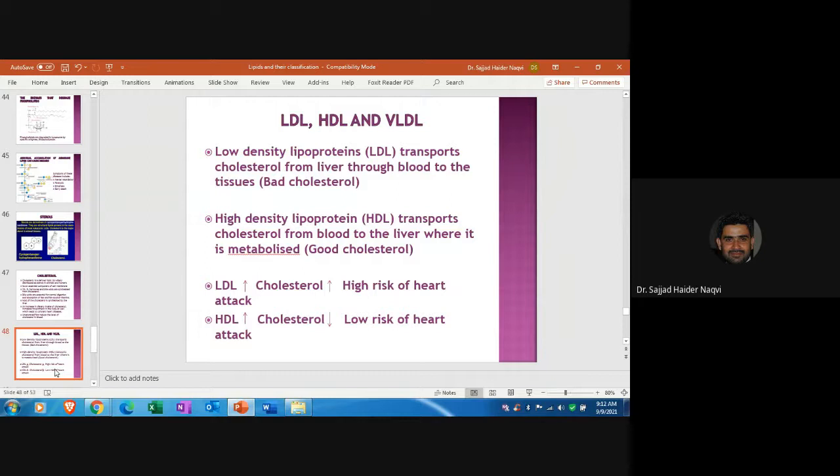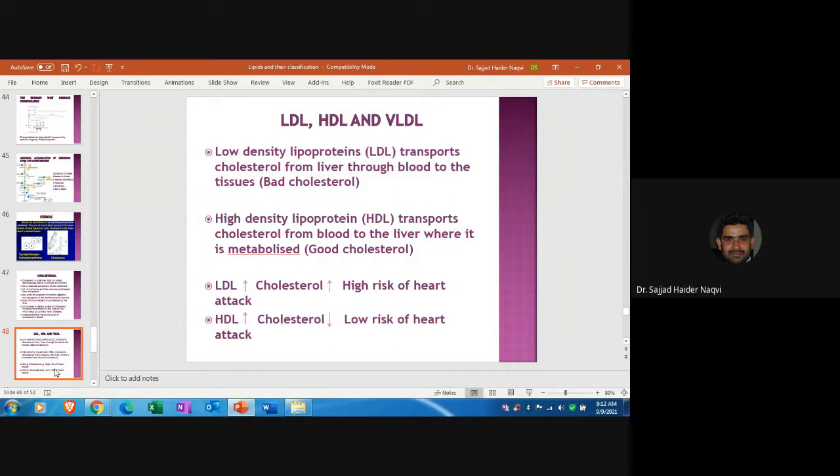Now, why are we calling it the bad or the good cholesterol? Because of how the cholesterol has got a chance to accumulate or will be taken back to the liver. So, high density or low density, this density actually is the parameter which determines the role of that particular molecule.